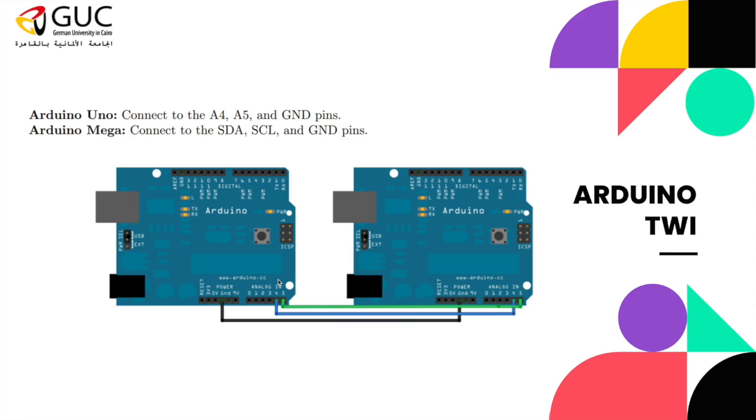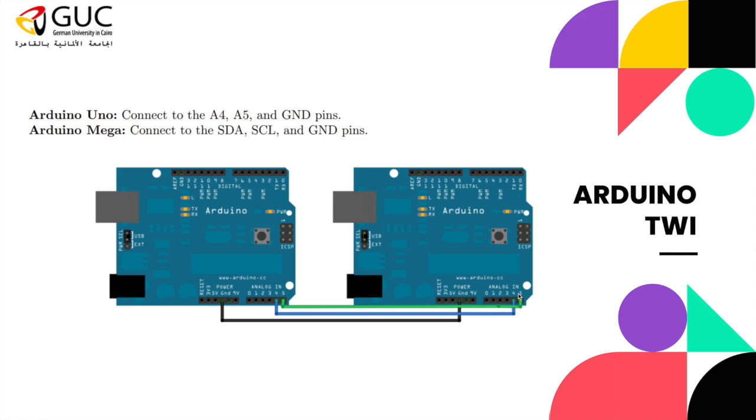One of the functions of the analog pin A4 is to be the SDA line. It is defined like this. So I'm connecting pin A4 here to pin A4 in the second board, and we have the SCL, which is the green line, from pin A5 to pin A5.